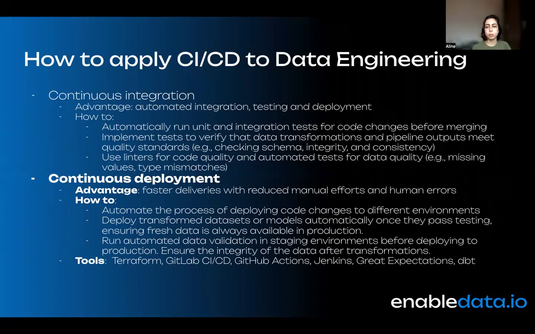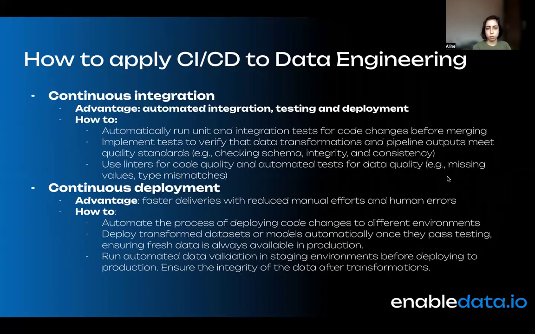And Great Expectations and dbt for data validation tests in staging. Those tools are very interesting to apply in these scenarios. So that's basically some examples of how to apply CI/CD in data engineering.